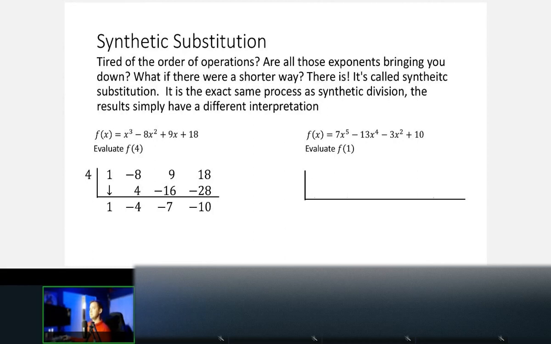So that means f of 4 is equal to -10. And again, if we were to take this 4 and plug it into the x here, here, and here, and simplify, we would get the exact same answer. That is called synthetic substitution.